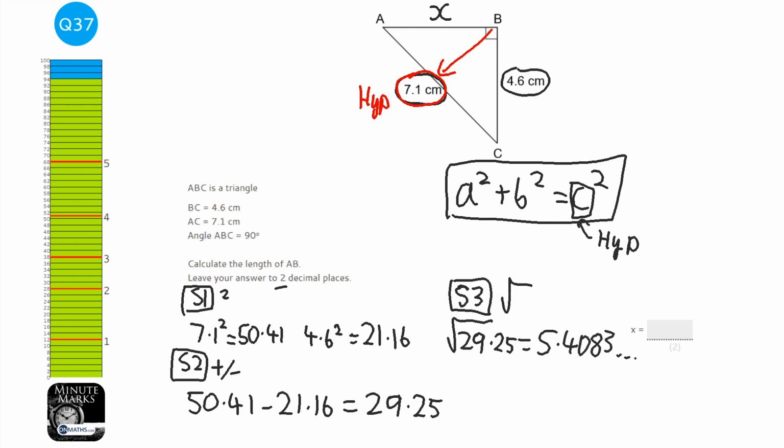It says it wants 2 decimal places, so I'm going to write 5.41 because that 8 moves that 0 up by 1. Now, last step is just check it makes sense. Well, this being 5.41 means that the 7.1 is still the longest side, so we know we've probably got it right.